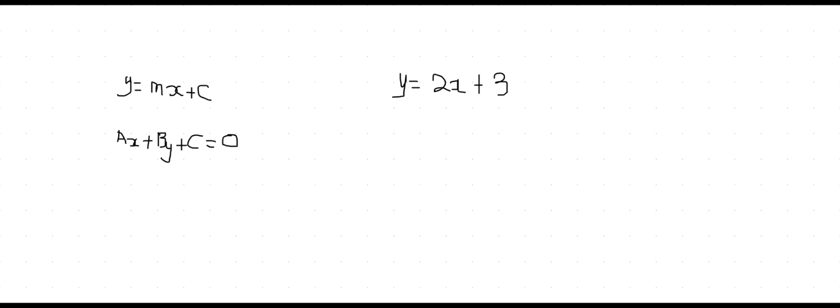In this case, since it's in standard form, our gradient is 2, which is the coefficient of x, because from the standard equation, m is the coefficient of x. So our gradient m is equal to 2.